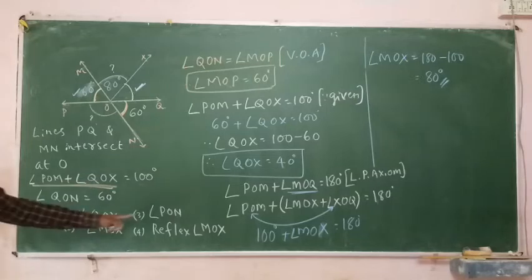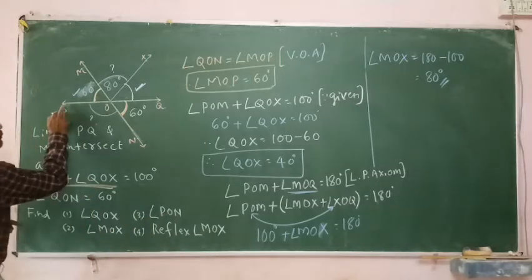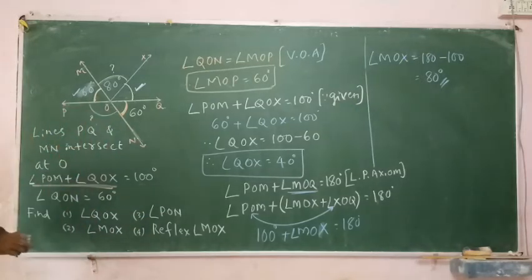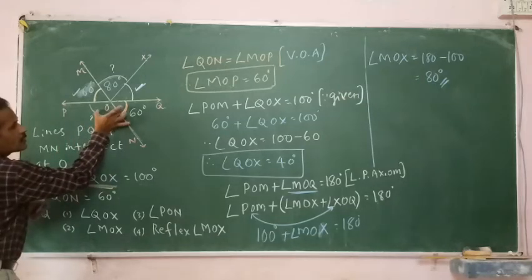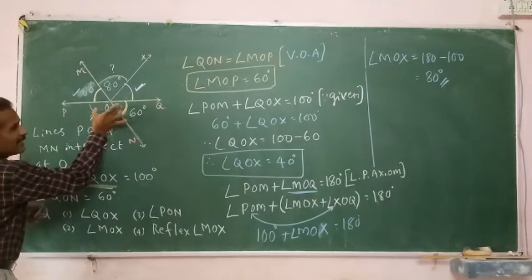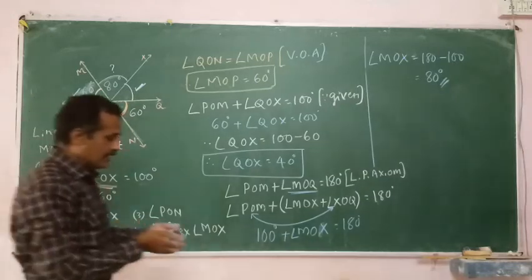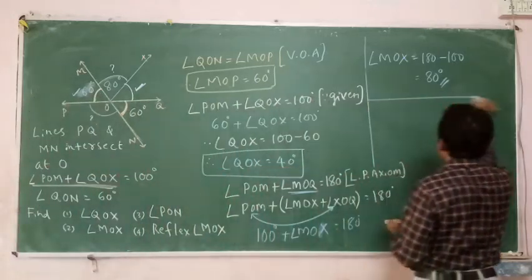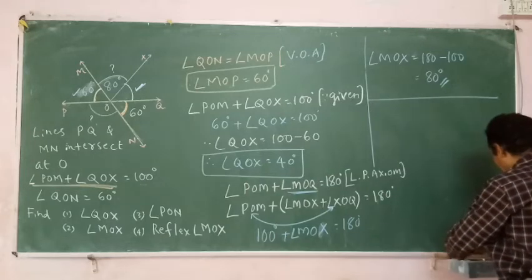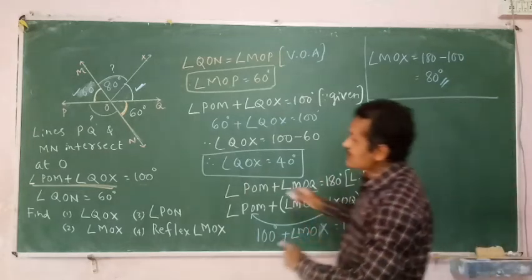What is left out? Angle PON is left out. It's very simple. Sum of these two is equals to 180, linear pair axiom. And this is 60. This is 120 degree. I can write that. How I can write? I can write like this.